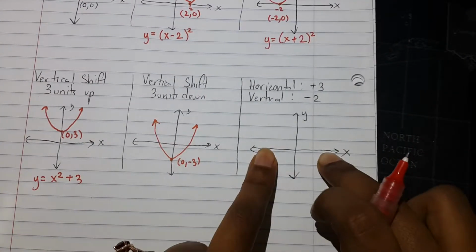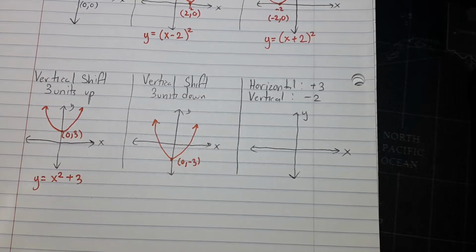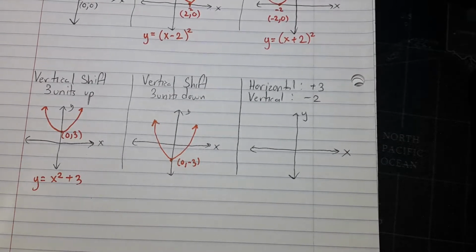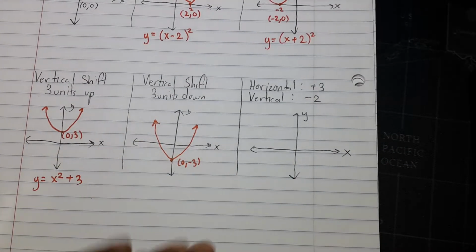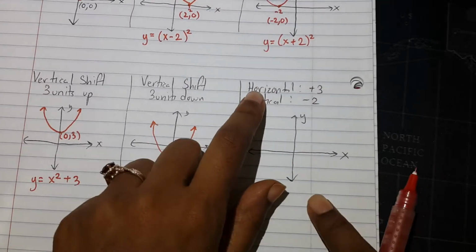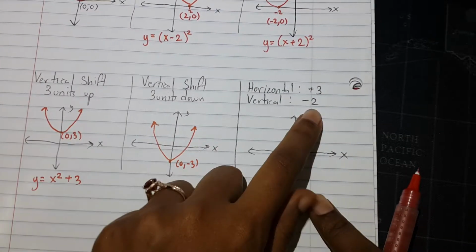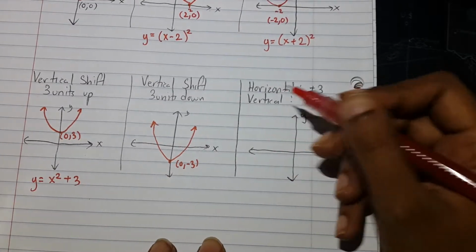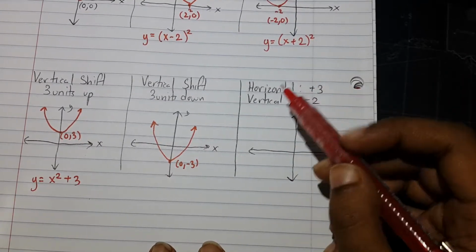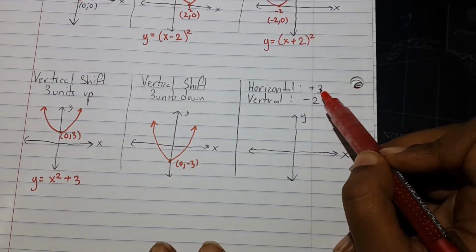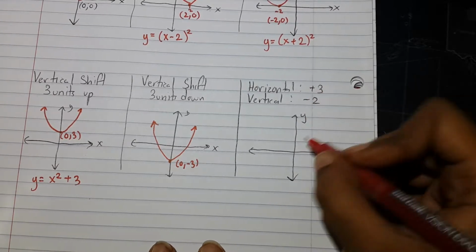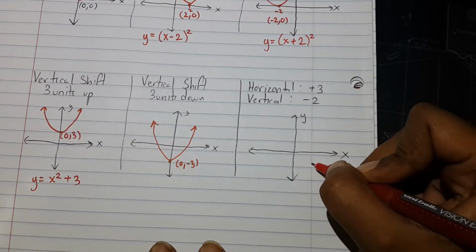Alright then, last but not least, and something that you'll definitely see commonly on the Regents or any other big exam, is a combination of the transformations. In this case, we're just working with translations. So here, we have a horizontal change of 3 units and a vertical change of -2 units. So let's see what that would look like. If I'm doing a +3 change and a -2 change, my coordinate will be (3, -2).